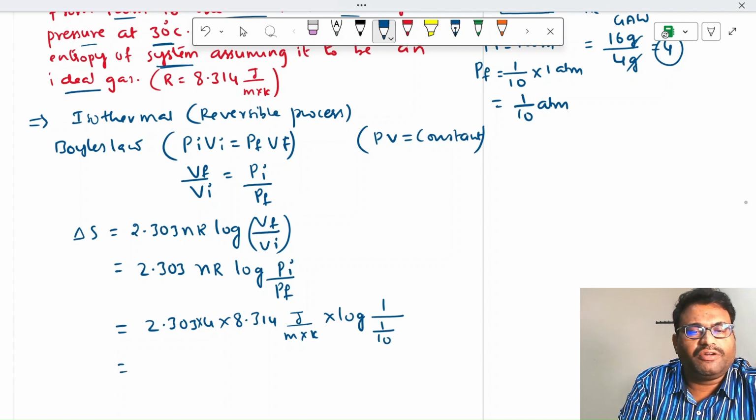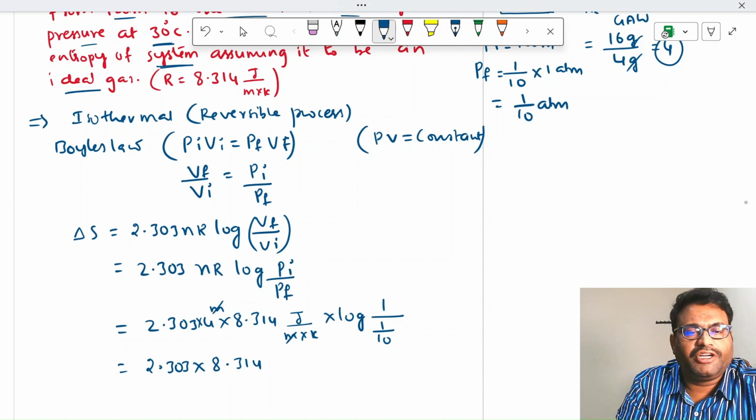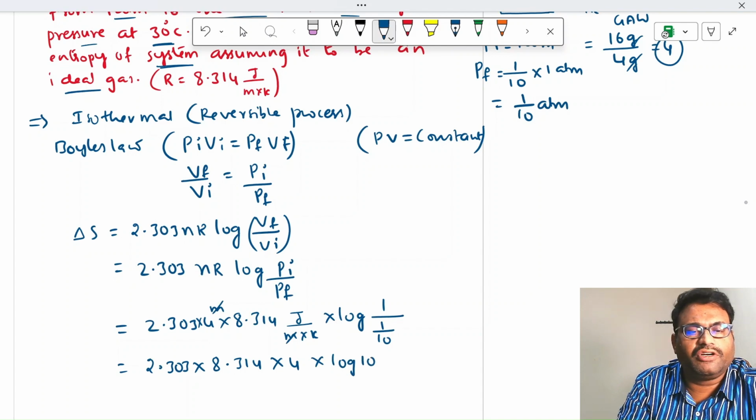So here 4 moles, mole gets cancelled, then 2.303 into 8.314 into 4 into log 10. Log 10 is equal to 1. So 2.303 into 8.314 into 4 joule per Kelvin.